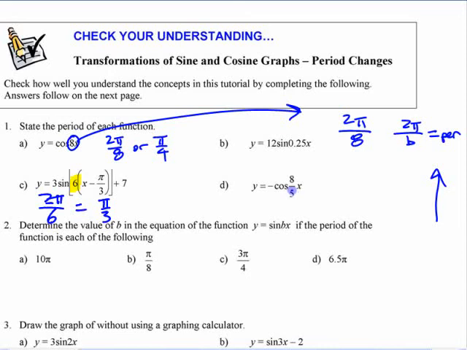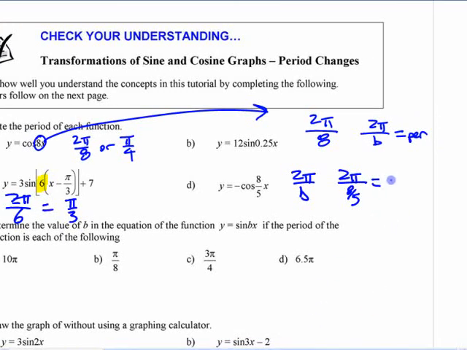If you have a weird number here, just do the same thing: 2 pi divided by b. 2 pi divided by 8 fifths. Do you remember from grade 8 how to divide by a fraction? Something divided by a fraction is the same as times its reciprocal, right?